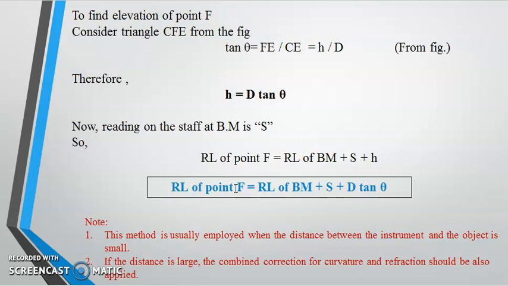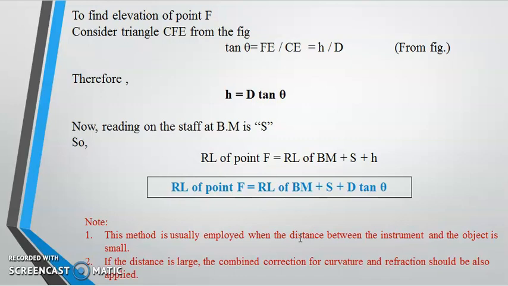The major note for this particular case is, this method is usually employed only when the distance between the instrument and object is small, as it will be easy for us to measure the horizontal distance capital D. If the distance is very large, we will have to apply the combined correction for curvature and refraction in this method. We have already covered the concept of correction for curvature and refraction in the class.